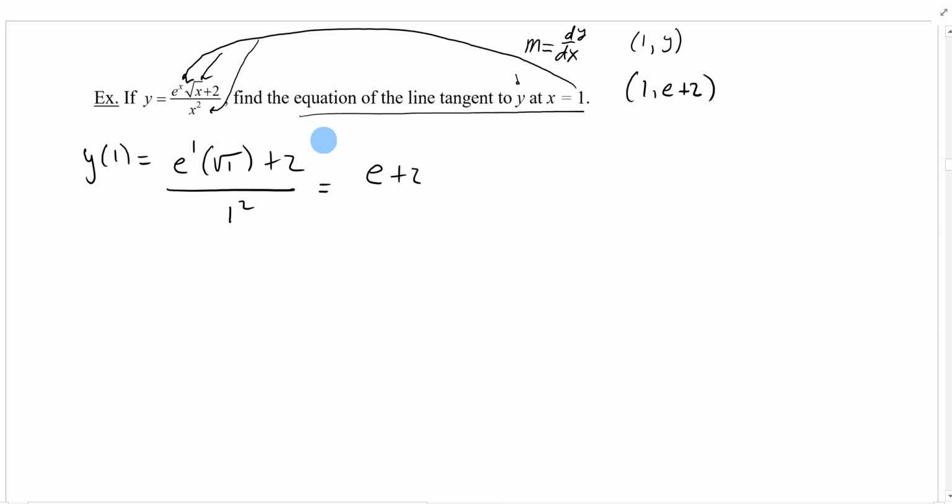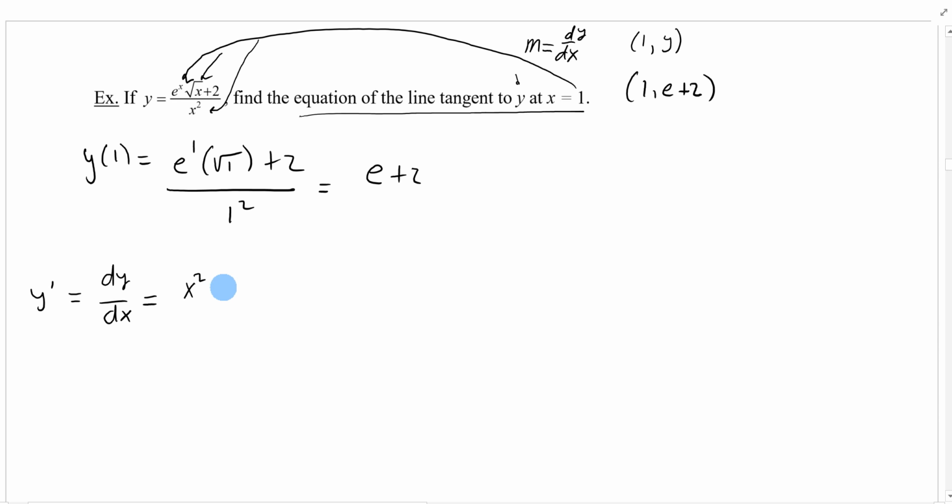So let's go ahead and now find the slope, which is the derivative. dy dx, or you can say y prime, is equal to, well, that's a fraction, which means that we're going to have to use the quotient rule here. So according to the quotient rule, you guys know it as low d high.